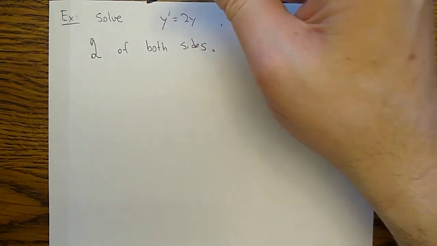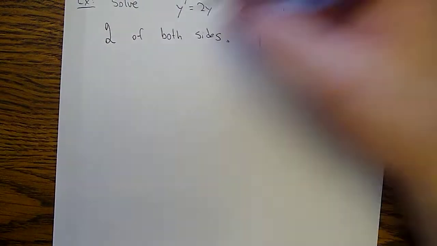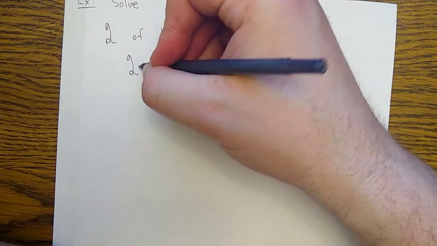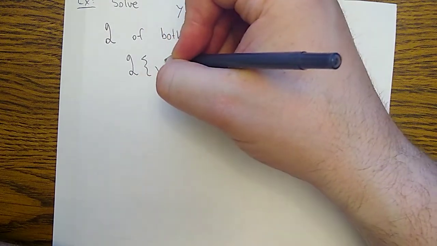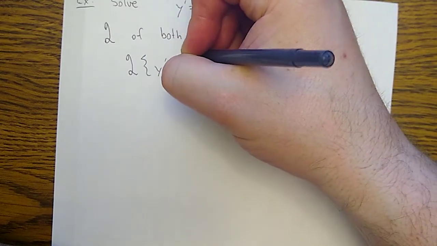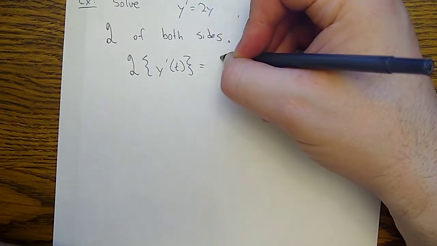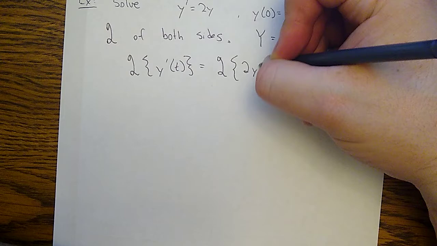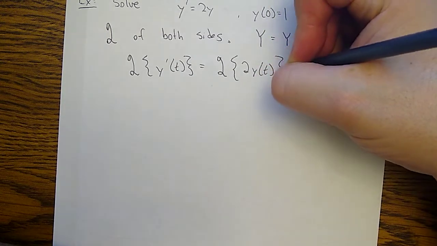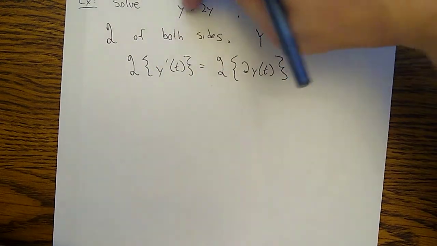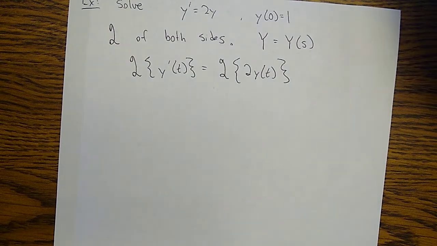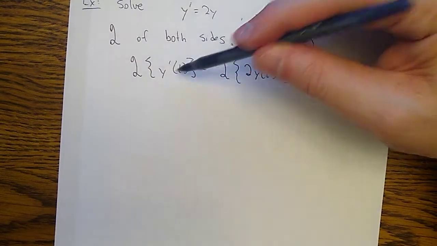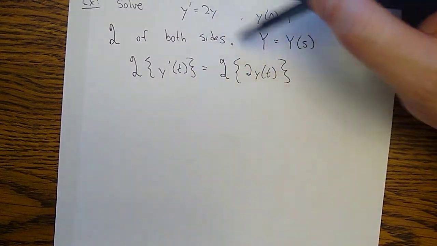So here I go. I'm about to do the Laplace transform of both sides. In fact, I'm not going to do a whole lot in this step. I'm really just writing what I'm doing. I literally just did L of both sides, and I'm emphasizing that these are functions of t, so y prime of t and y of t.